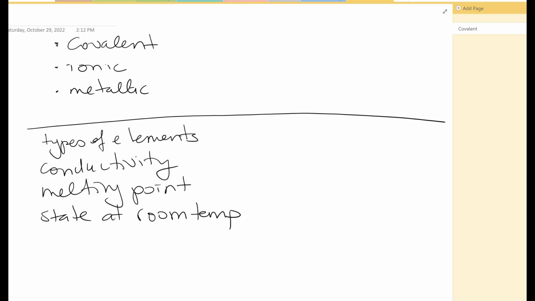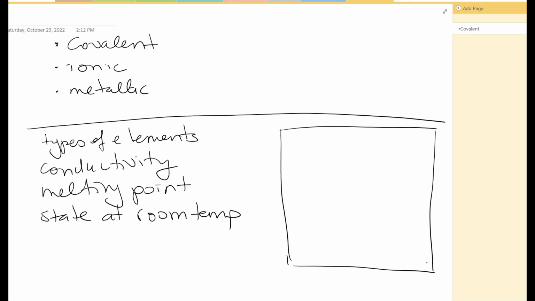So let's make a table where we can do this. This is part of the assignment that you're going to turn in to me. This is part of your notes that you're going to put on my JAG by the end of today. So you're going to make a table.